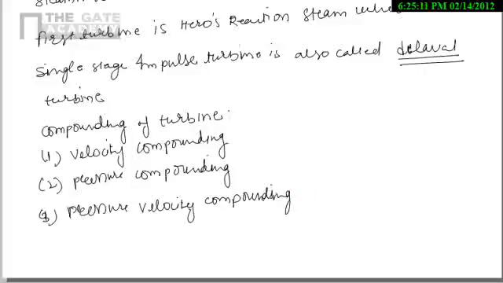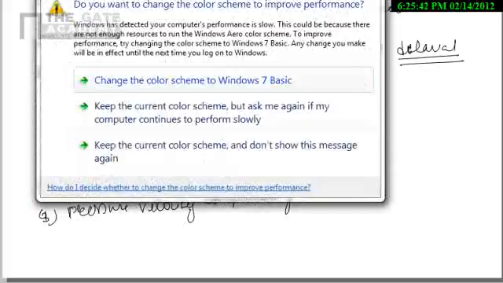First of all, I will talk about what compounding is and why it is necessary. Suppose we have a high enthalpy of steam, and we convert it fully in one nozzle. The velocity is very high, and we get a very high speed of the turbine. But practically, this turbine is used for production of electricity, so there is a constraint in terms of rotation.